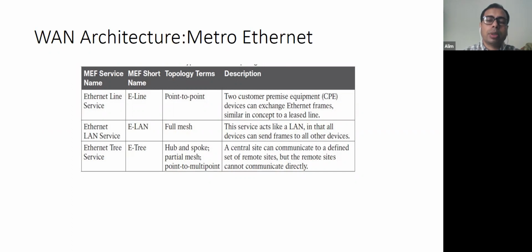Hub and spoke means all branch offices will connect to the central location, and if they want to connect to another branch office, then it will go through the central office. So it is a hub and spoke. But if it is a full mesh, in that case, any branch can connect to any branch or headquarters directly, without dependence on another branch.